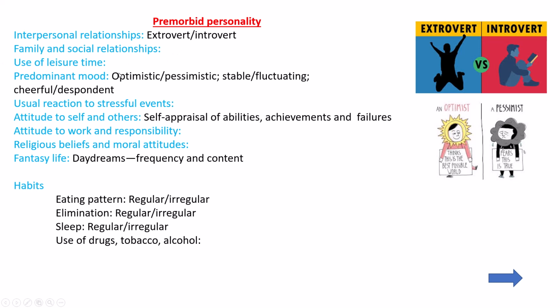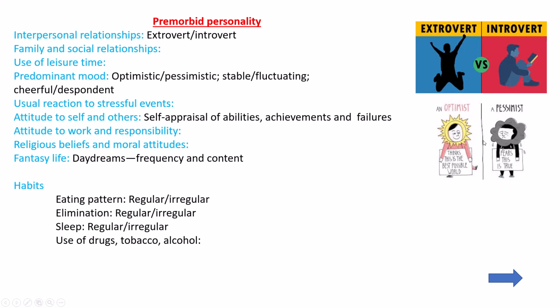Which is the predominant mood, that we have to write. Optimistic, pessimistic. Fears, thinks, this is the best possible word. So like this, they will understand. Optimistic people easily adapt, but pessimistic people will not adapt easily. So we have to understand whether they are optimistic or pessimistic.